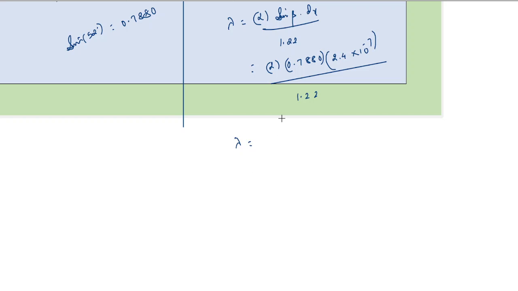So 2 into 2.4 would be 4.8 into 0.7880 is equal to 3.7824 into 10 power minus 7 by 1.22, and this is approximately equal to 3100 angstrom. It will be 3.1 into 10 power minus 7 meter, which is 3100 angstrom.